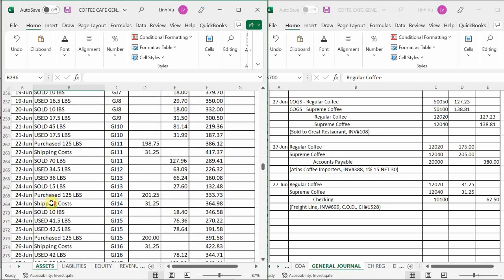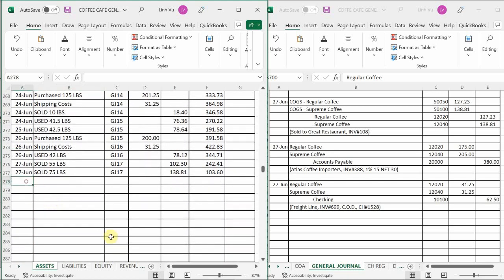We need to do the same thing for my Supreme Coffee. Purchase 125 pounds with shipping costs for 17, which was 205 and 31.25.